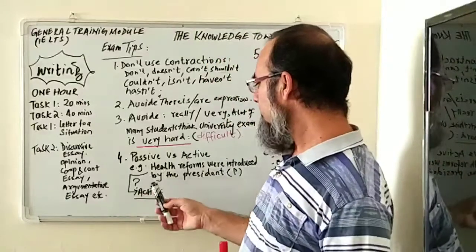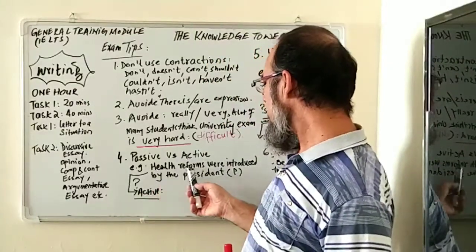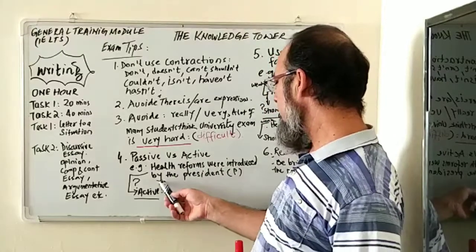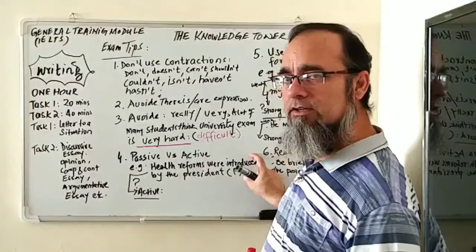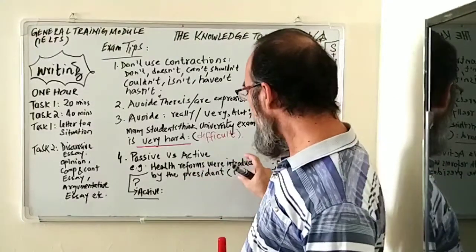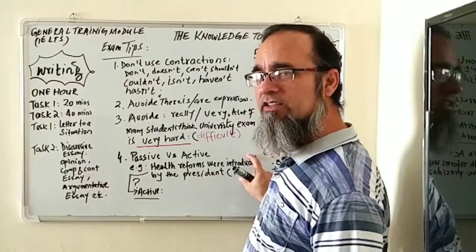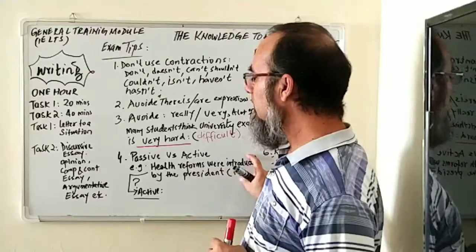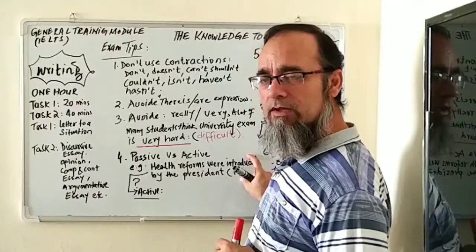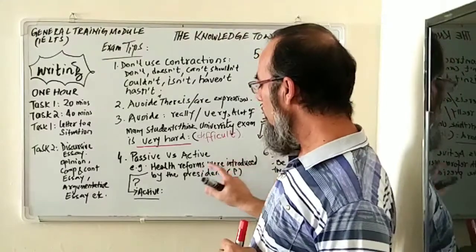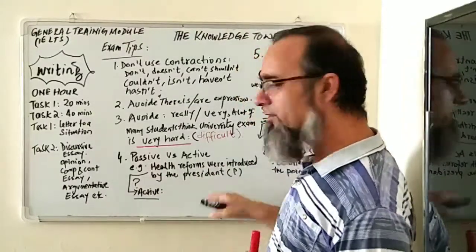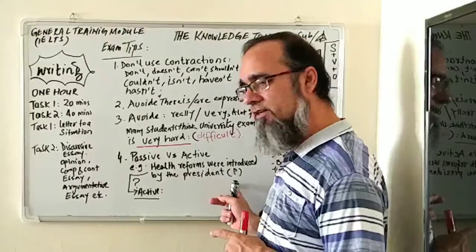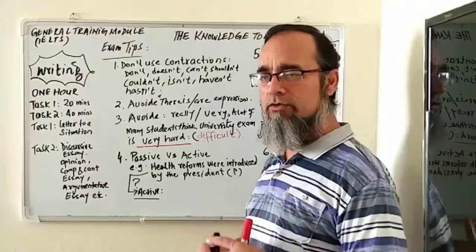Now, for example, here I said, "Health reforms were introduced by the president." Now you see, this is a passive sentence. So we don't have to write these kinds of sentences which show passive expression. We need to replace passive sentences with active sentences. If we change this passive sentence into an active sentence, what do you think it should be?